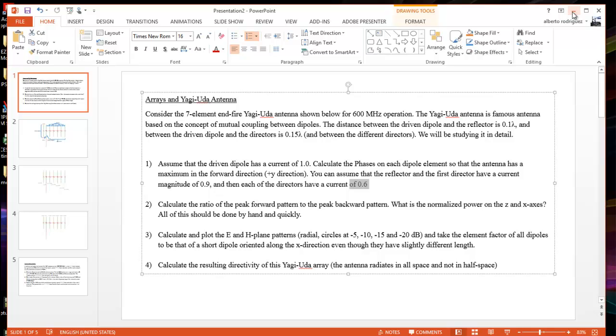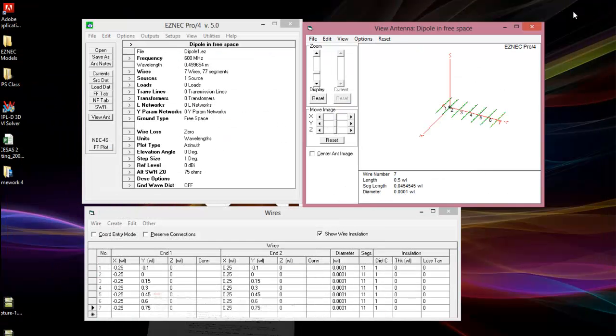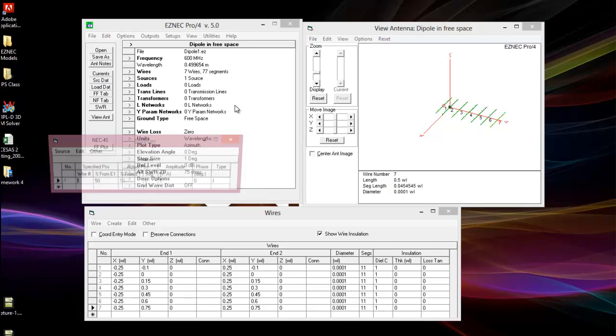So in this case, we're gonna simulate the antenna by putting sources into it.